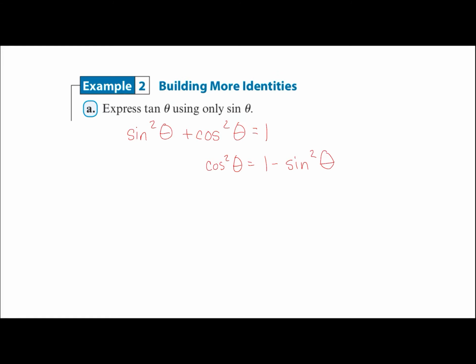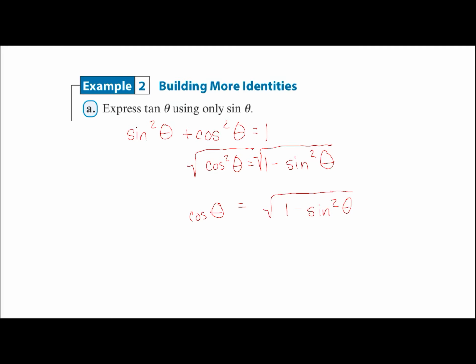Next, we need to get rid of the square. In order to do that, we're going to take the square root of both sides, and that will leave us with cosine theta is equal to the square root of 1 minus sine squared theta.